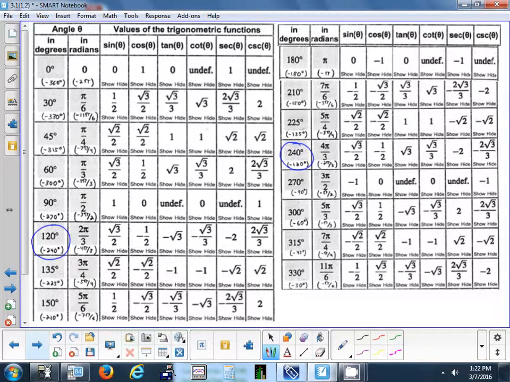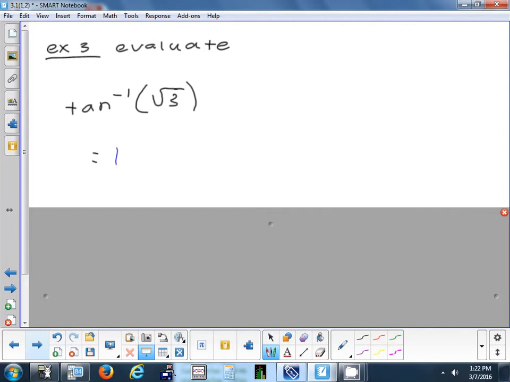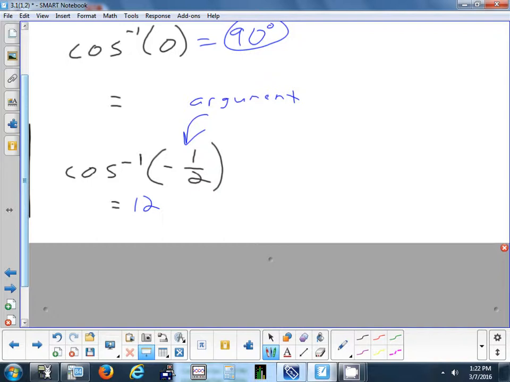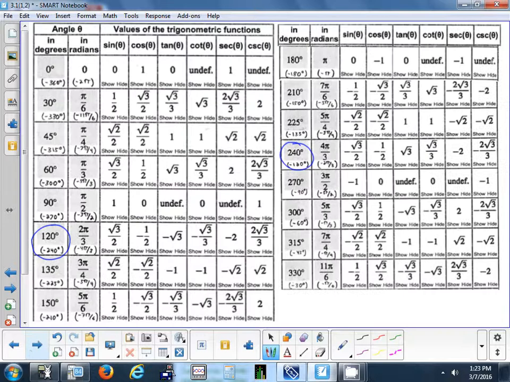Which one is correct? 120. Somebody might be like, oh, wait, I thought he said negative 90 to 90. 0 to 180 now. Inverse cosine can go up to 180. We say 120. Or if you're doing it in radians, 2 pi over 3.